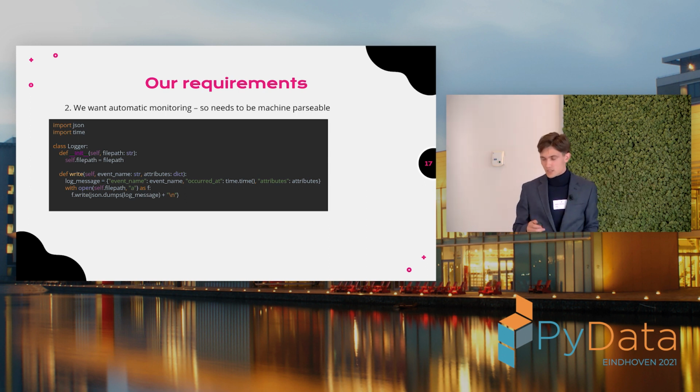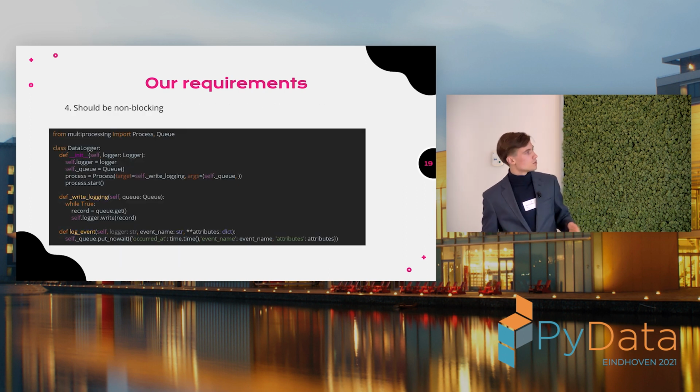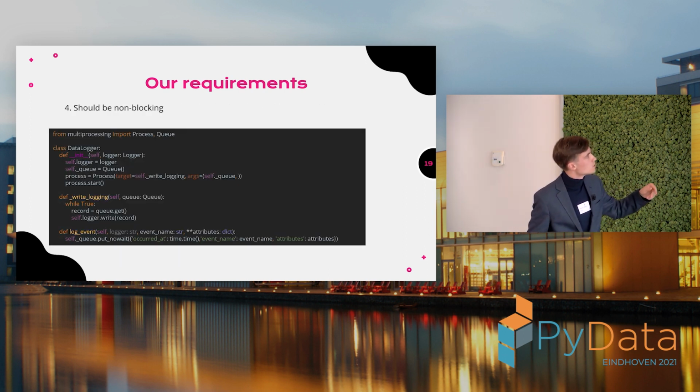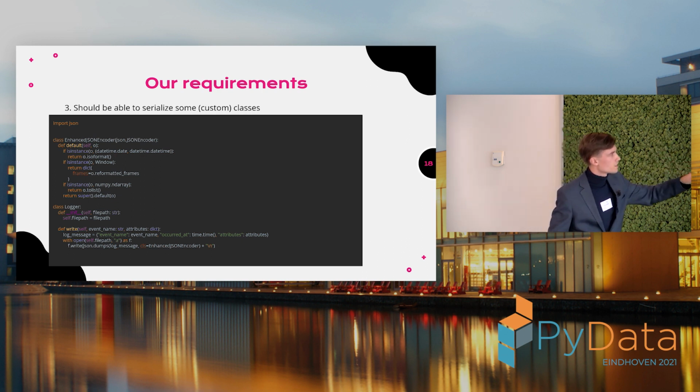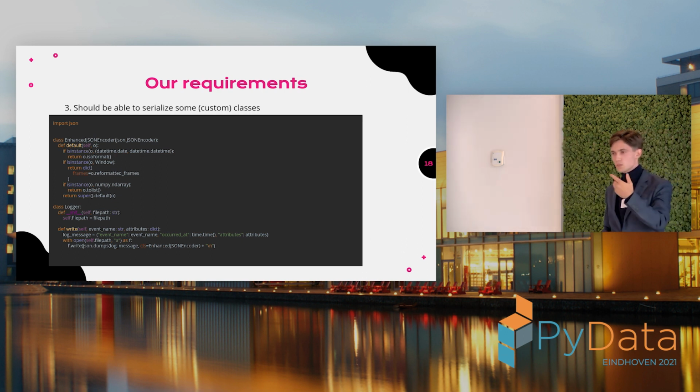The next point is that if you've worked with JSON before, you know that many of the objects in Python cannot actually be outputted to JSON. So we have to encode these. We built a JSON encoder which does this job for us.